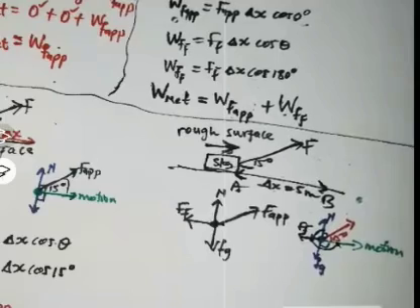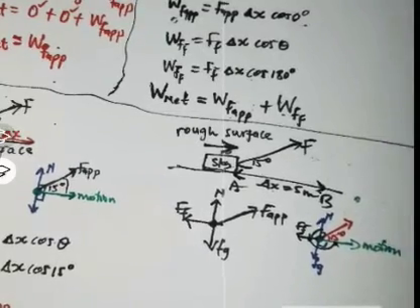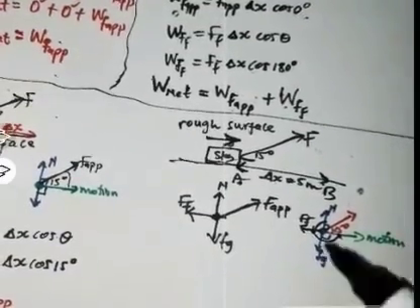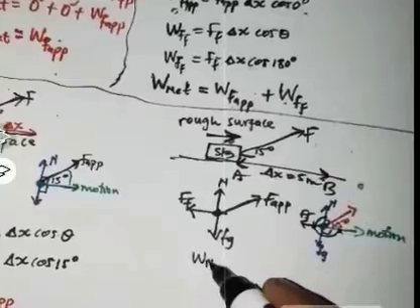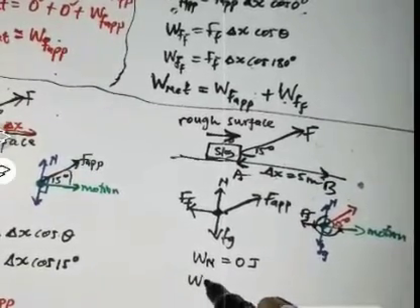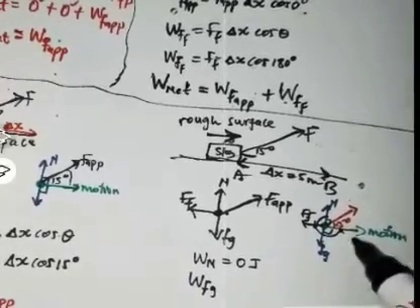Now let's do the work done. So normal force and frictional force, we can just write them. Work done by normal force equals 0 joules. Work done by frictional force in this case will be 0 joules.